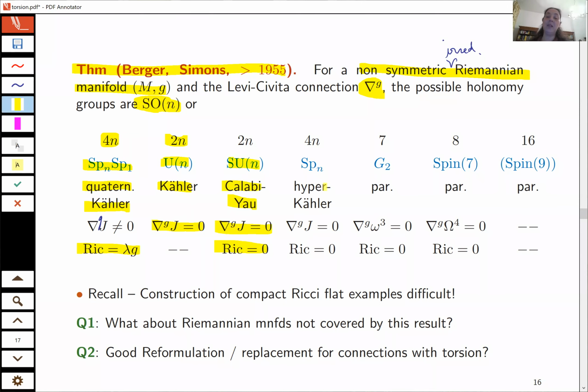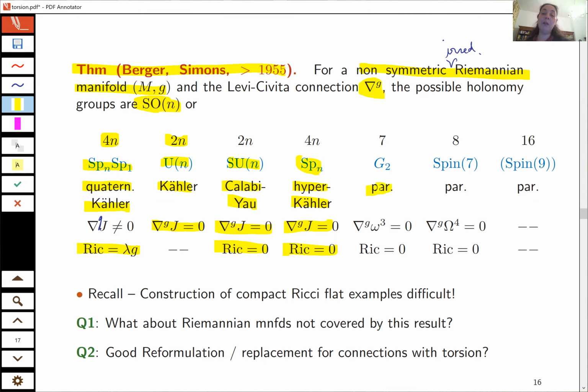We have hyperkähler manifolds, a cousin of the quaternionic Kähler case just as Calabi-Yau corresponds to Kähler, with holonomy group Sp(n), a parallel two form, and Ricci flat.